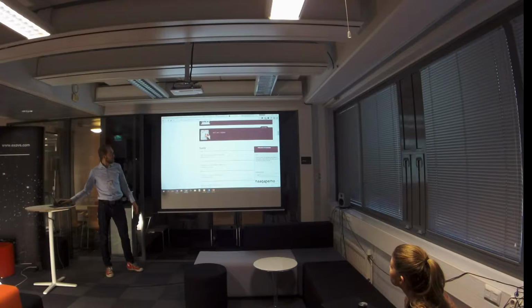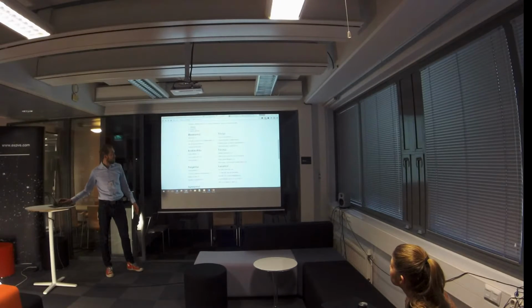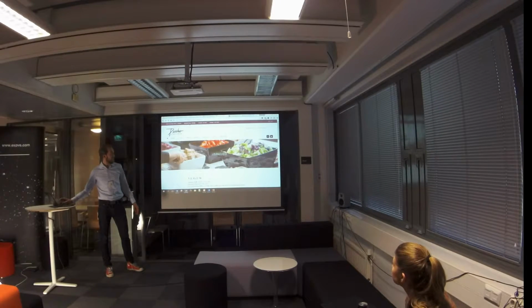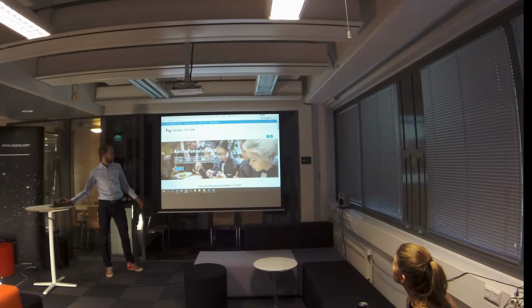As you might already notice, the sites look pretty much the same. That's the advantage of multisites. The only difference is that Haaga Group has a different color scheme, but the layout is the same.